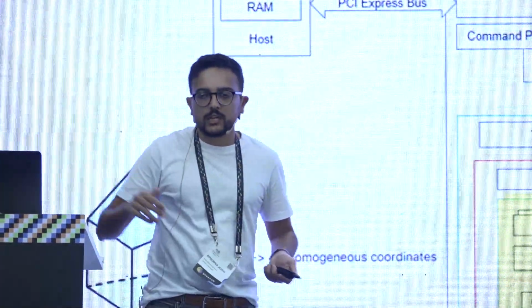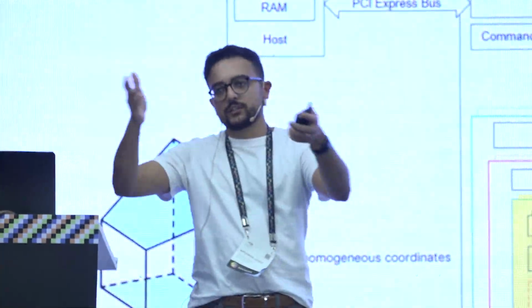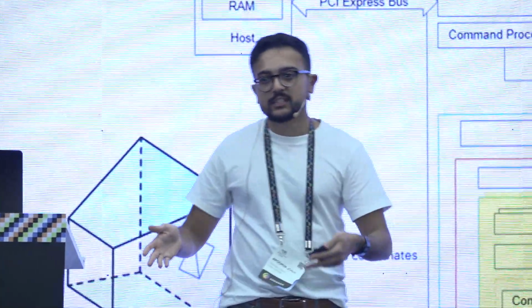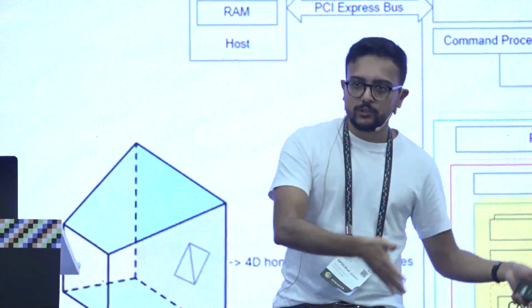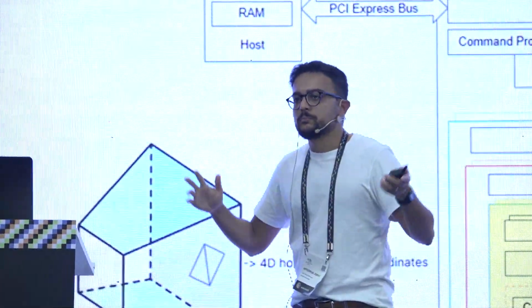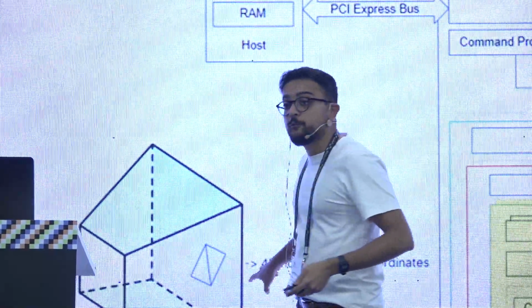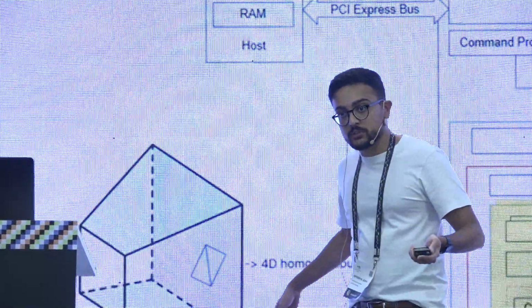You take your object space, apply a matrix to convert to world space, apply a matrix to go to view space, and then apply the camera projection matrix as well, and you get 4-dimensional coordinates as an output.